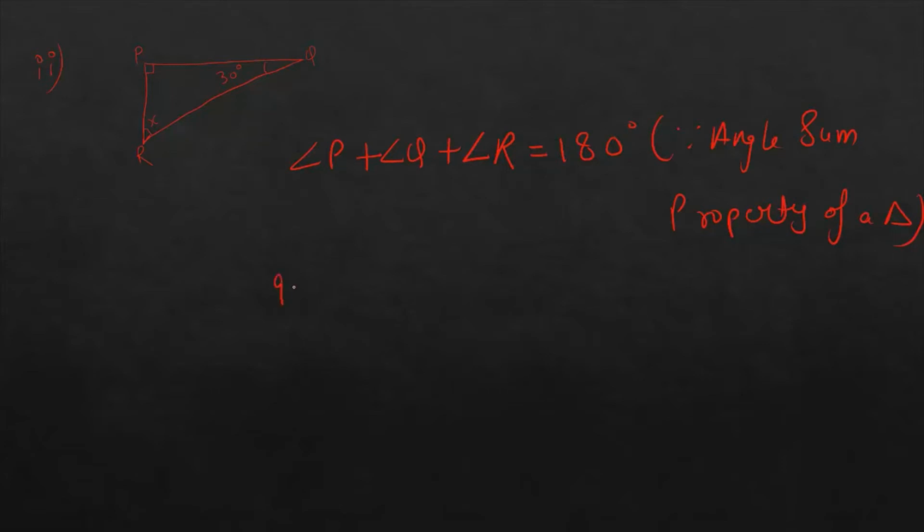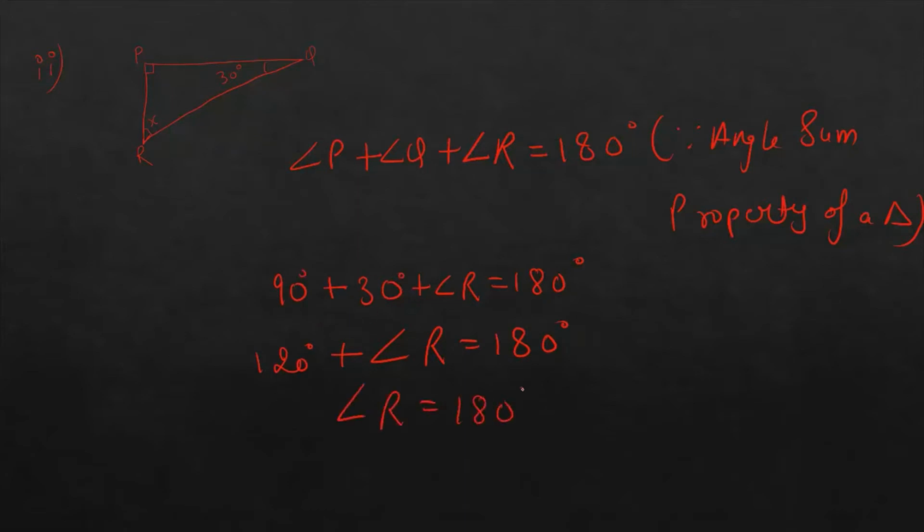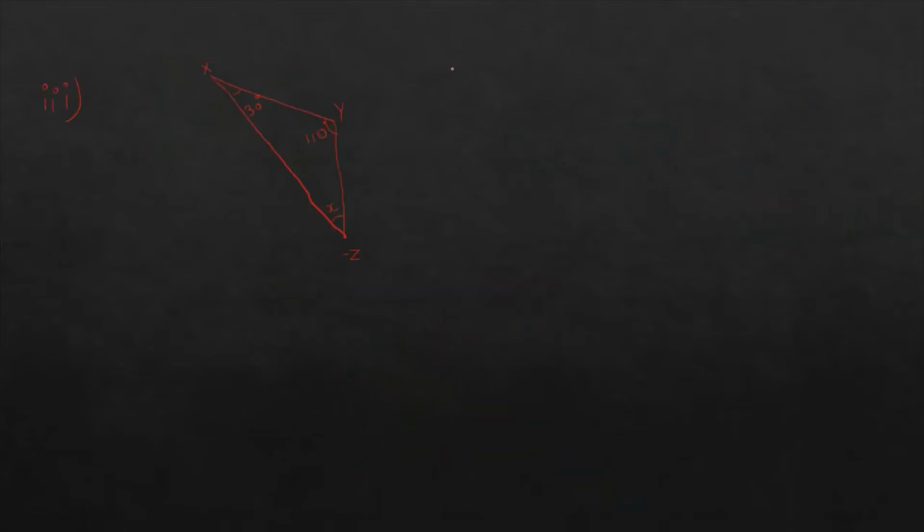Angle P is 90 plus 30 plus angle R is equal to 180 degrees. Angle R is equal to 180 degrees, यहाँ पे कितना हो जाएगा ये? यहाँ पे 90 plus 30 is equal to 120 degrees. Angle R is equal to 180 degrees minus 120 degrees, which is equal to 60 degrees. So angle R is equal to 60 degrees. Answer.